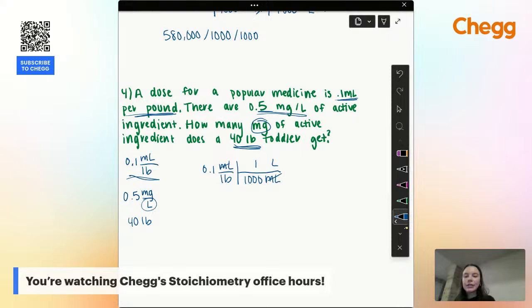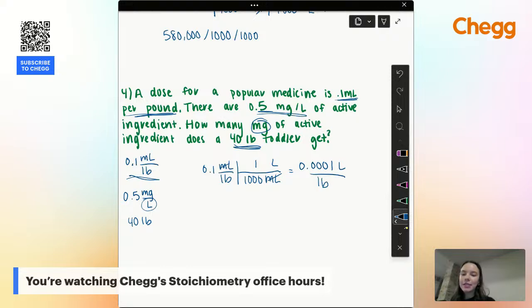So we're going to get 0.0001 liters per pound. Yes, whoever said 1,000 was correct. So we have 0.0001 liters per pound. Now we need to get to milligrams per pound because eventually we're going to want to get to milligrams.